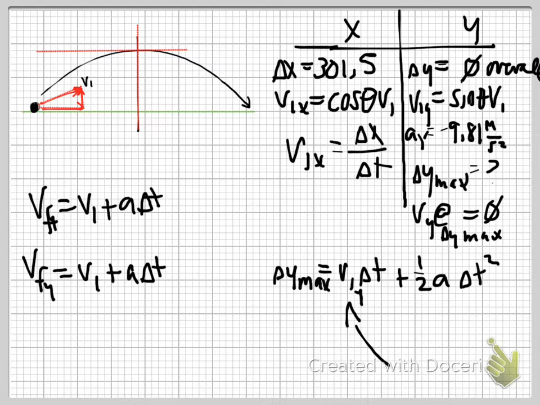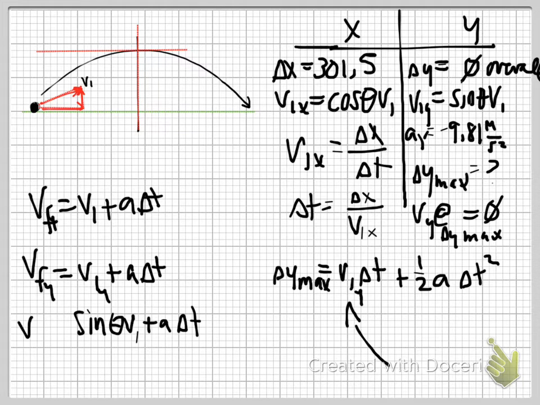We've got that. We have a way to build an expression for delta t, and this would be viy, so it would be sine theta vi plus a delta t. And let's see, delta t equals delta x over vix. So that's vfy. And we would want to rearrange that to solve for vi.